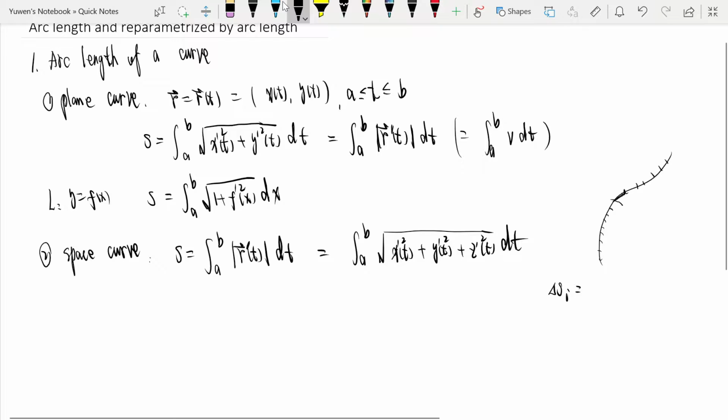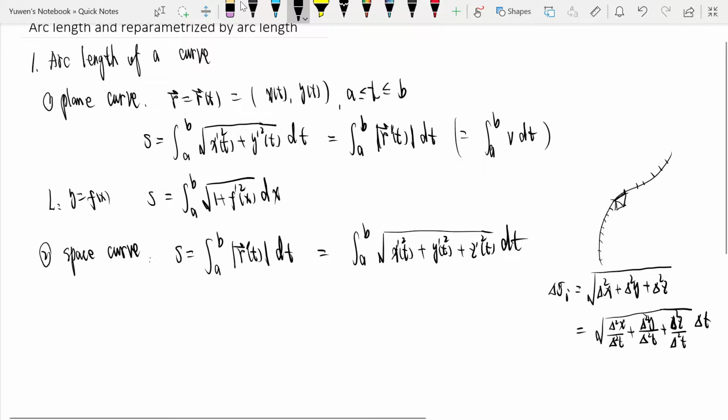This line is actually, that is the square root of delta x squared plus delta y squared plus delta z squared. We take the square root, and then we divide by delta t: delta x squared over delta t squared plus delta y squared over delta t squared plus delta z squared over delta t squared, and then times delta t.